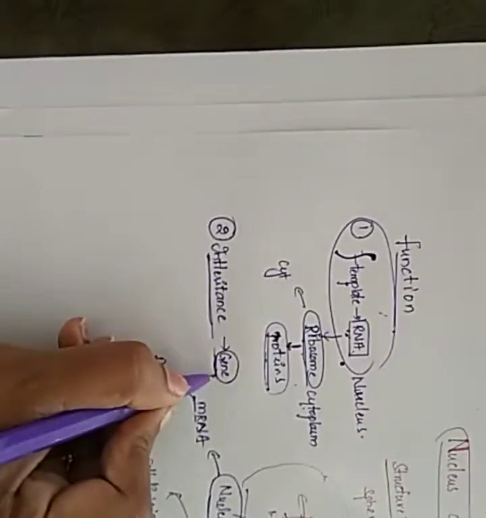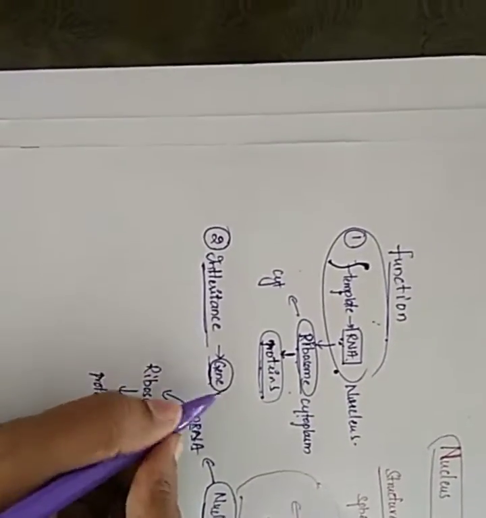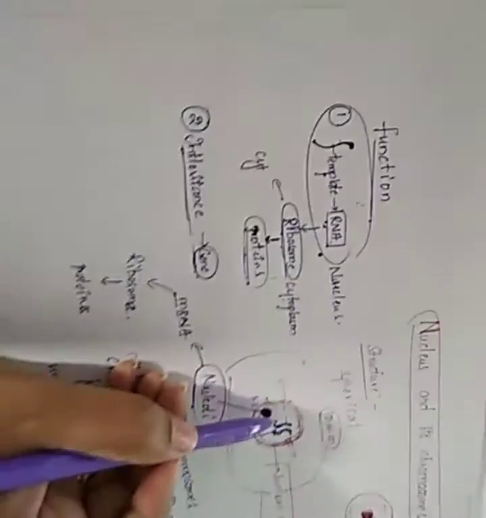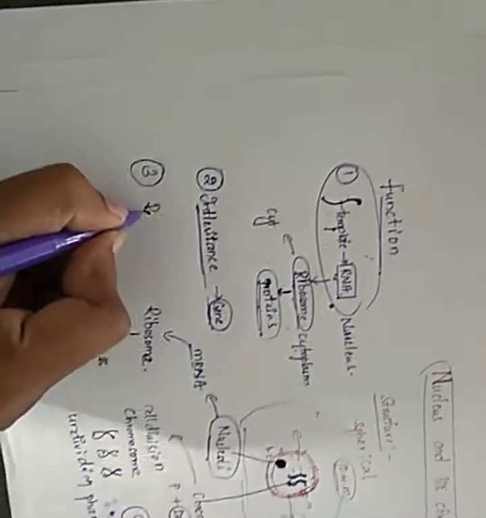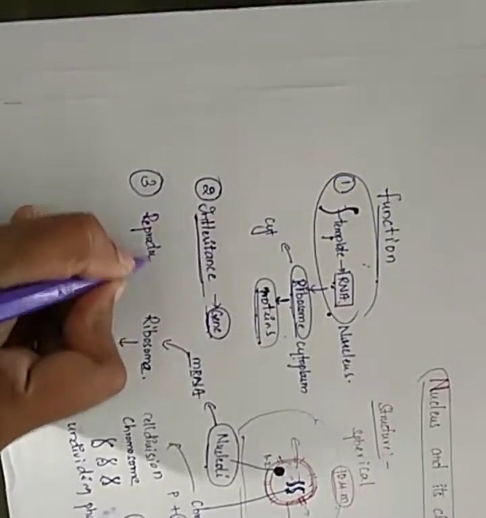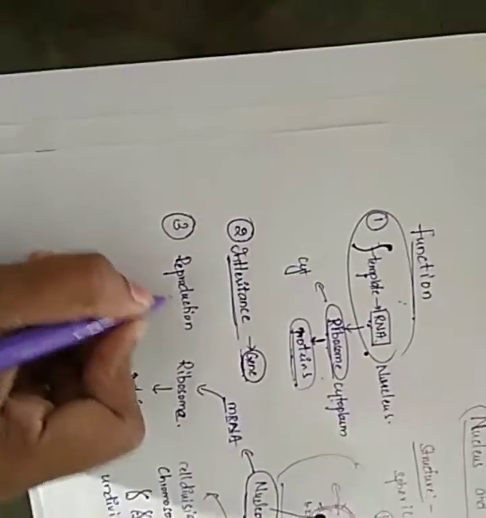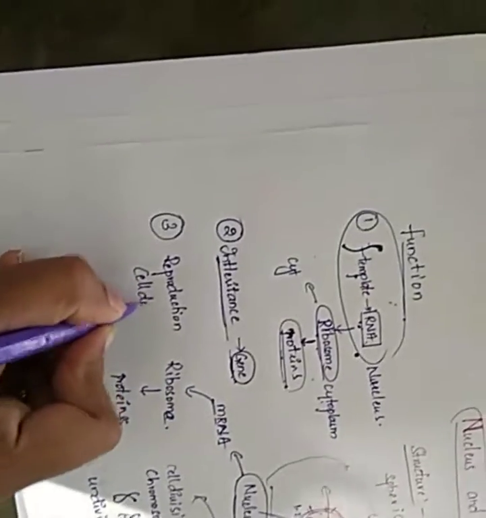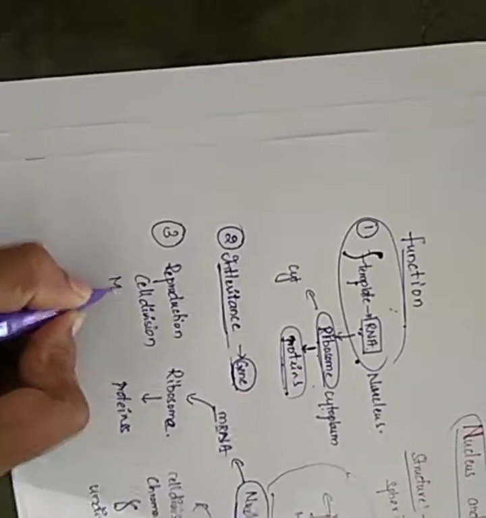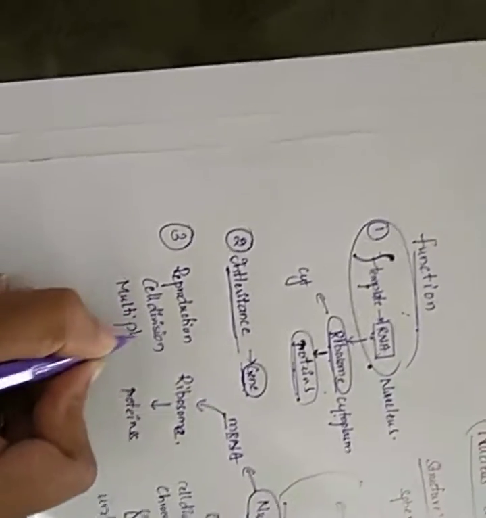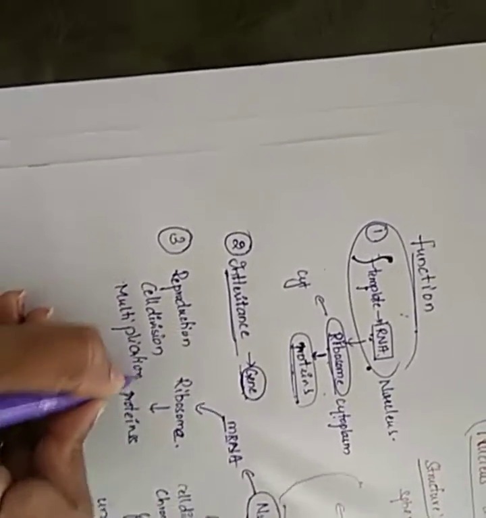Inheritance is through the genes located on the DNA molecules in the nucleus. Finally, as a whole, it helps in reproduction, multiplication and cell division.